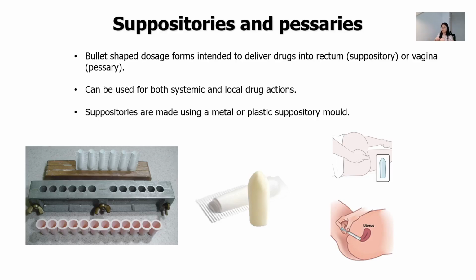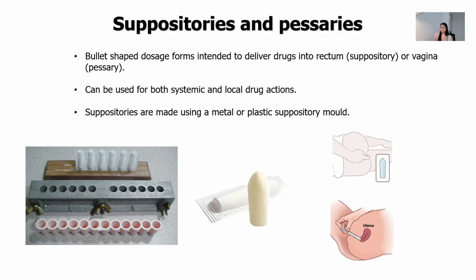Local action means, for example, in the rectum, some patients may have piles, or in other terms, hemorrhoids. We can insert the suppository into the rectum to treat the local pain, to create pain relief from the hemorrhoids. So it can be used for systemic effect and also local drug action.